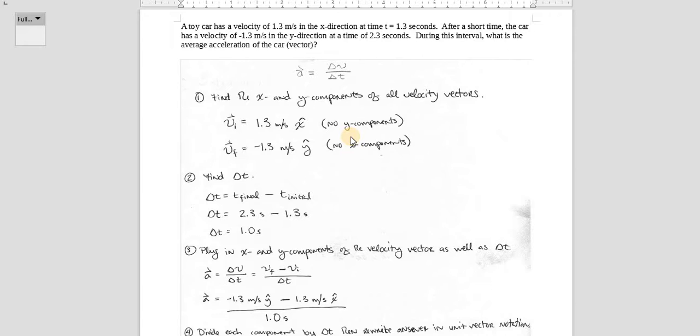To find the acceleration vector, we need to take the difference in velocity divided by the difference in time. So we need to find the x and y components, and the question gives it to us.